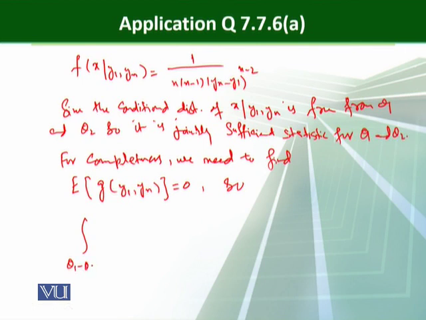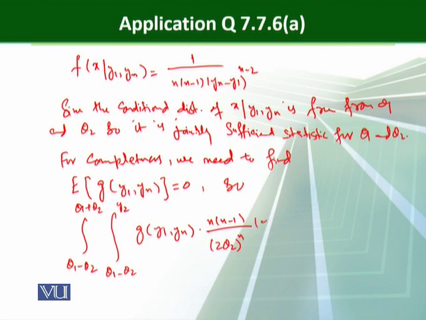So that is the integral from theta 1 minus theta 2 to theta 1 plus theta 2, and the second integral from theta 1 minus theta 2 to yn, of g of y1, yn with the joint distribution, that is n into n minus 1 over 2 theta 2 raised to power n into yn minus y1 raised to power n minus 2, and we need to integrate it dy1 and dyn.